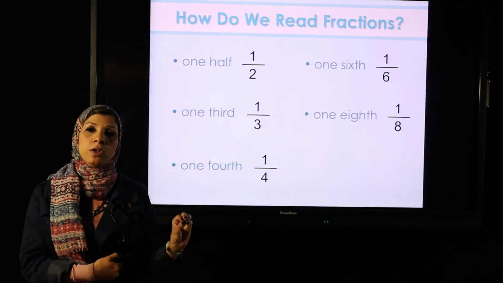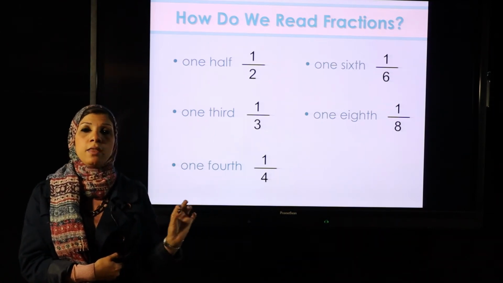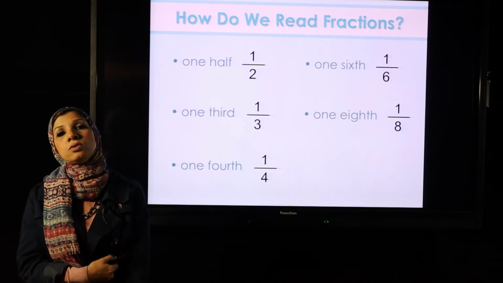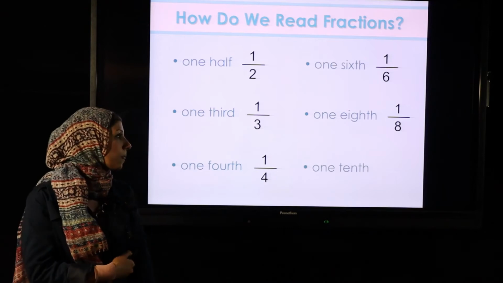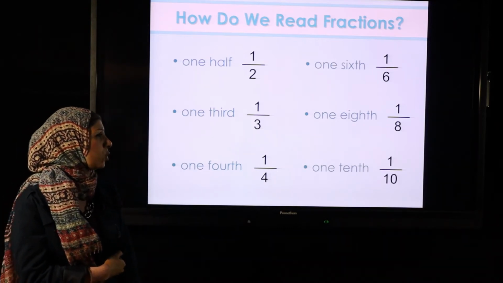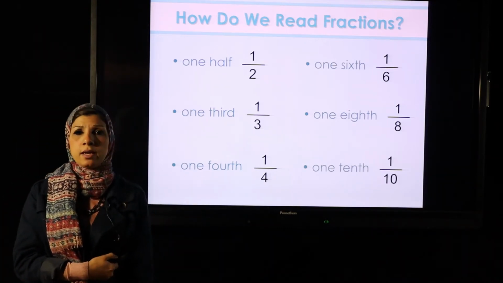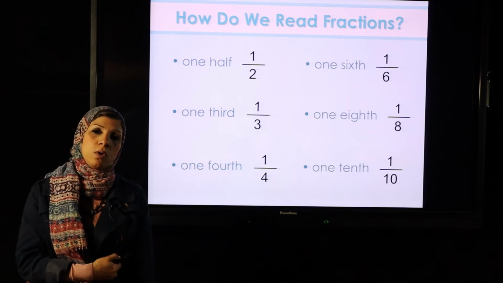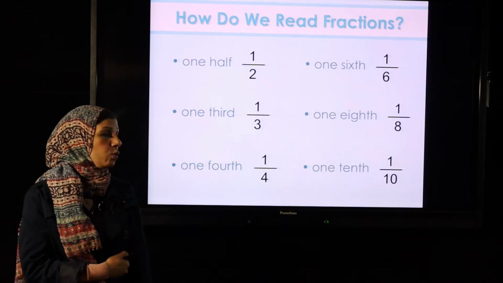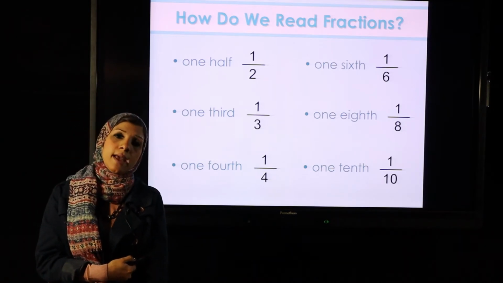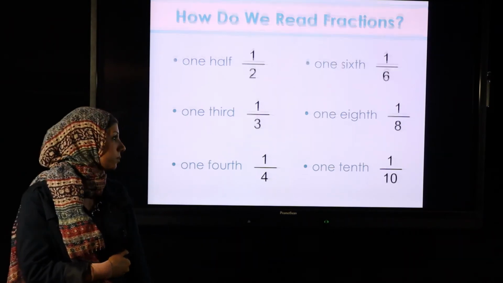The 1 we write as it is, and to the 8 we add th, so it will be one eighth. We have the last one, 1/10. We write the number 1 up as it is, and the number down we can read or write as tenth.